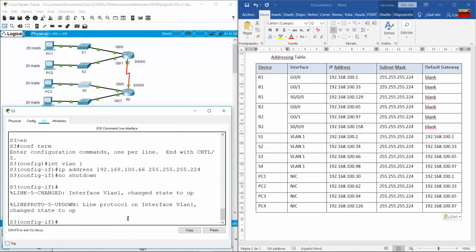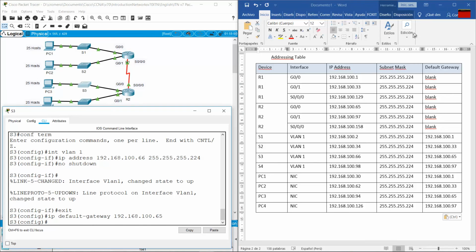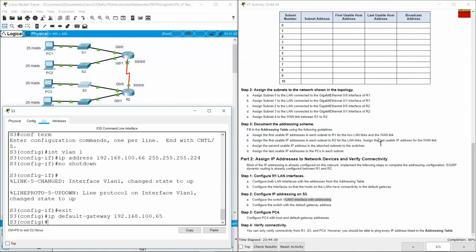Okay, don't forget the default gateway. Exit, ip default-gateway 192.168.100.65. Okay, default gateway. Okay, this is already configured.